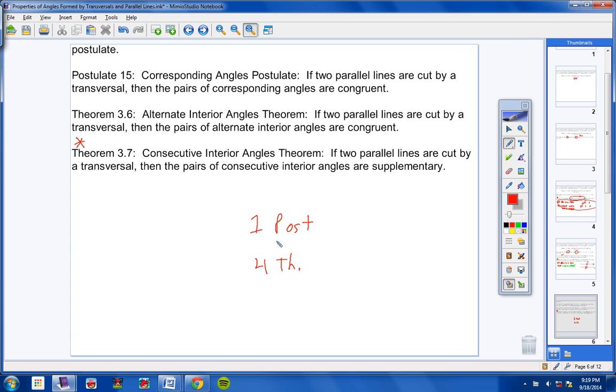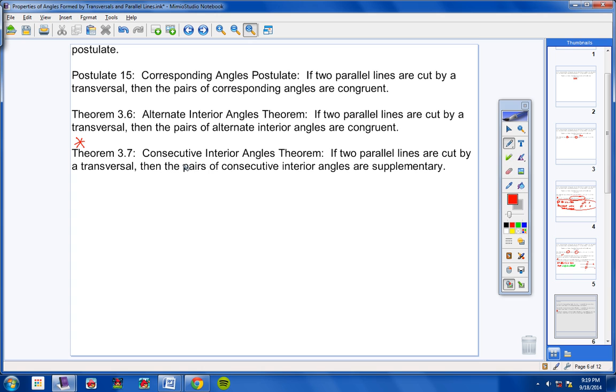Only one of these is going to give you angles that are supplementary, okay? So this is the only one in which they state that a certain type of angle is supplementary, all right? So keep that in mind, students, as we go through these theorems. So here we go.